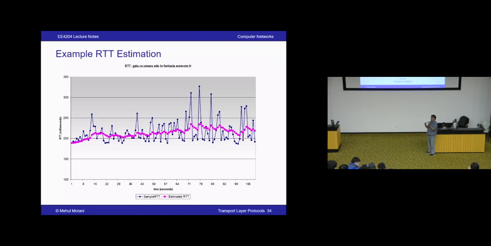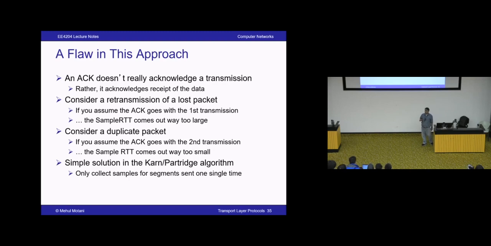This is one of the challenges with doing this smooth estimate: when an acknowledgement comes back, which transmission do you tie it to? That's probably my next question, right? Your question is actually answered on the next slide.